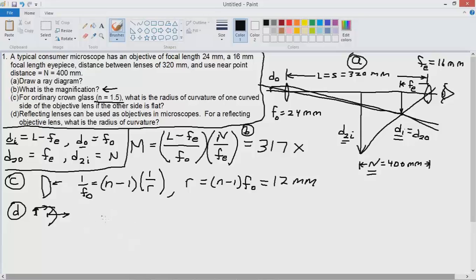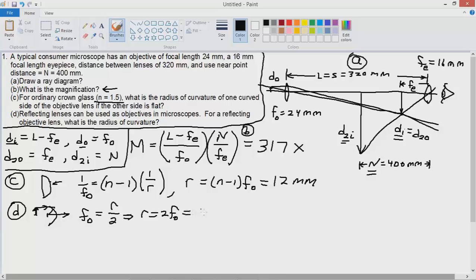And the basic question is, what is the focal length of the mirror compared to the radius of curvature? Well, the focal length is half the radius of curvature. Focal length of the objective is R over 2. So we get R equals 2 F objective, and I can calculate that in my head.